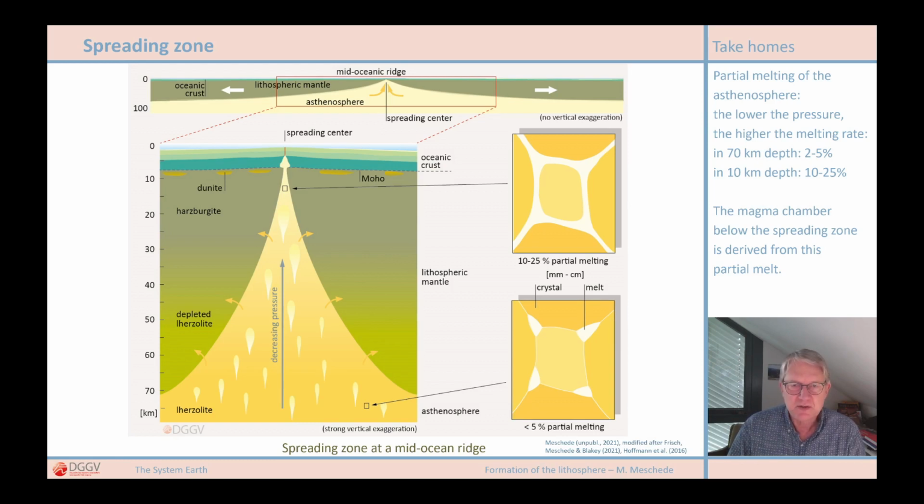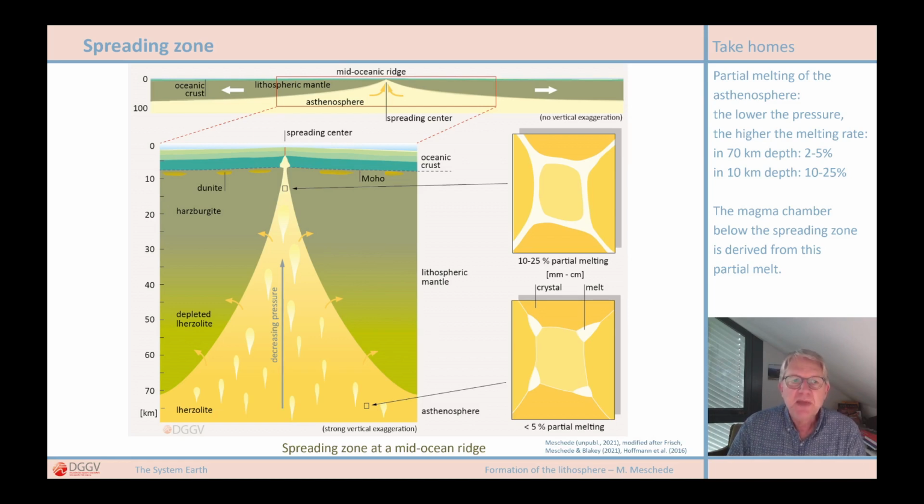The rectangles show highly enlarged sections of the asthenosphere at the points where the small rectangles can be seen in the asthenosphere below, at the spreading center and further down. The edge length of such a rectangle would be a few millimeters or centimeters. The bright areas in this enlargement consist of molten rock, while the darker areas are in a crystalline state and solid. So these could be olivine crystals, for example.